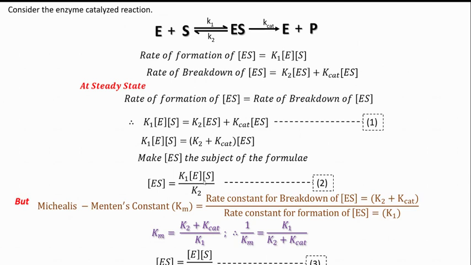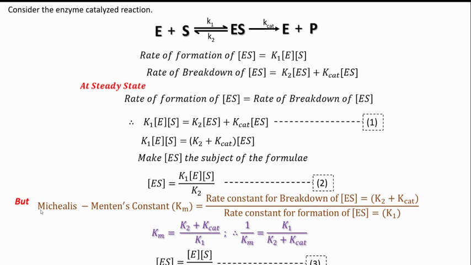The equation 2 is not complete because the denominator should be K2 plus K cat. Please correct that error where you're writing it down. Equation 2 is K1 multiplied by enzyme concentration multiplying the substrate concentration all over K2 plus K cat.